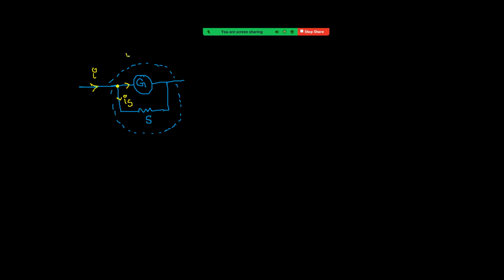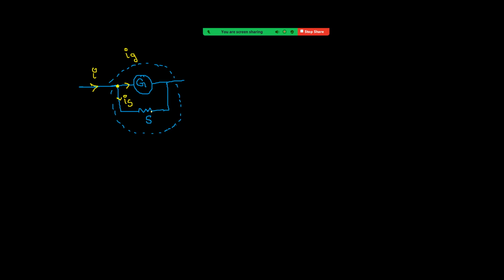I am taking Ig as the current for which the deflection of the galvanometer is maximum. That means this is the maximum current that can be measured by the galvanometer.